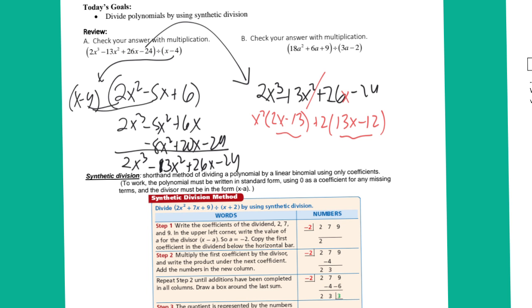You can't do it on all of them. I'll tell you the scoop now: you can only do it nicely if the divisor is in the form x plus a number or x minus a number. So it would be good on this one. You could do synthetic division. I'll teach you how to do it, but it would not work on this one. Why? Because it's not just an x plus a number or x minus a number.